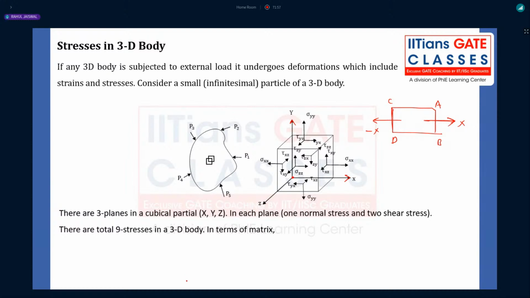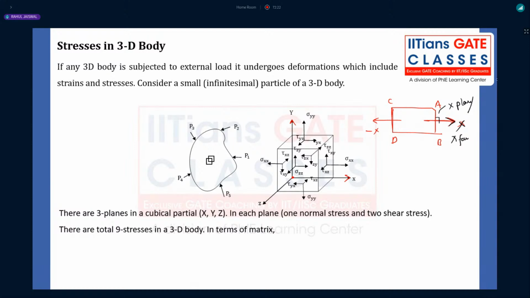If you know the direction of the axis, that will be the force direction. A plane is defined on a particular plane based on the axis passing perpendicular to that plane. See, the x-axis is passing through the AB plane, perpendicular. That will be the x plane. We also call this the x face, right?